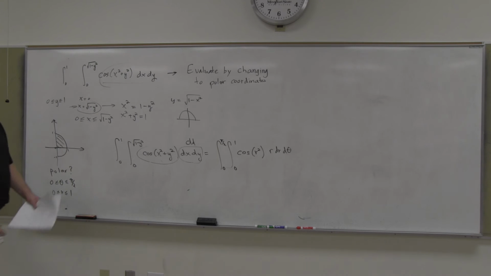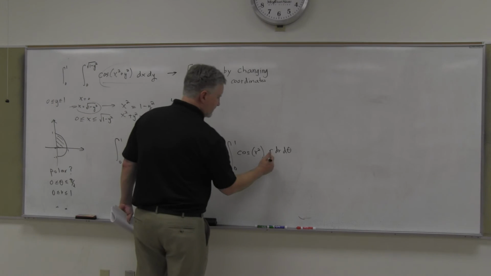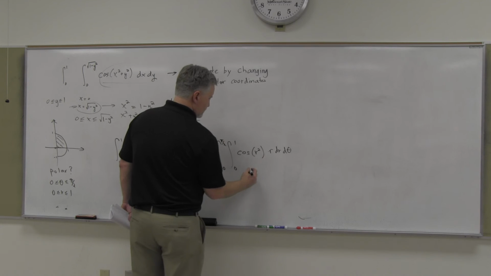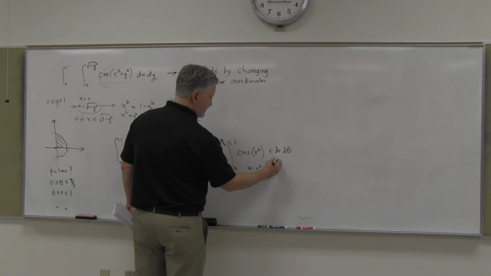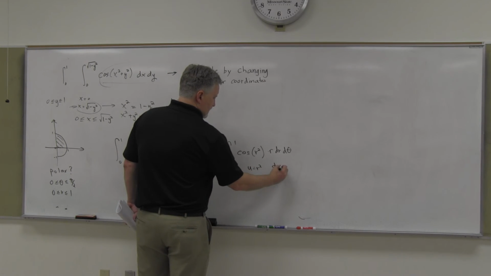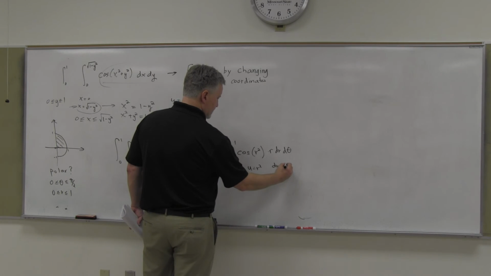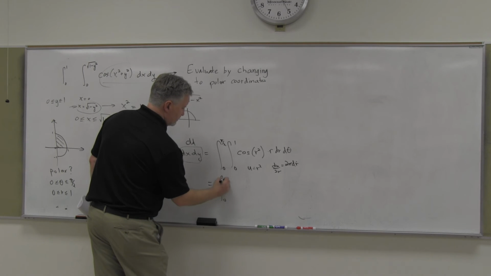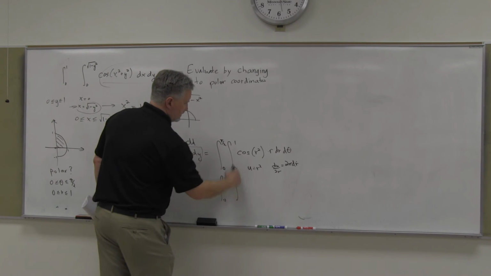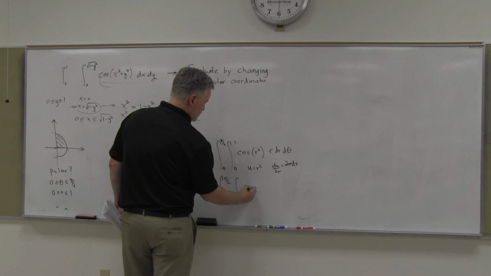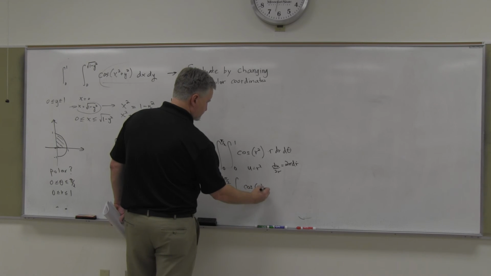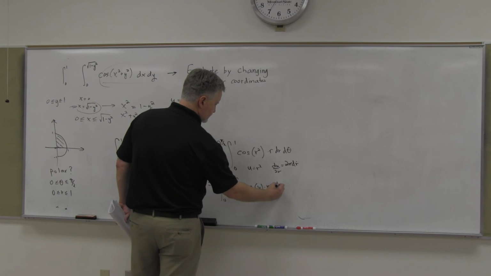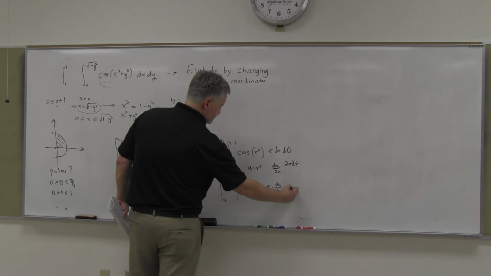A little u substitution: this r here, we'll let u be r squared, and then du is 2r dr, so du over 2r is dr. So with 0 to pi over 2 for theta and 0 to 1 for r, it's cosine u times r, and then dr is du over 2r.